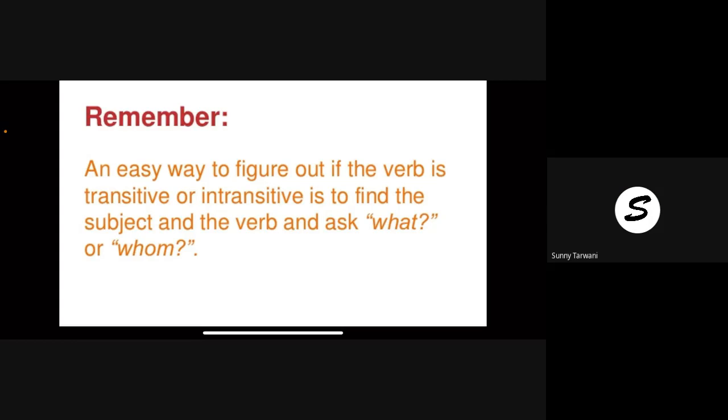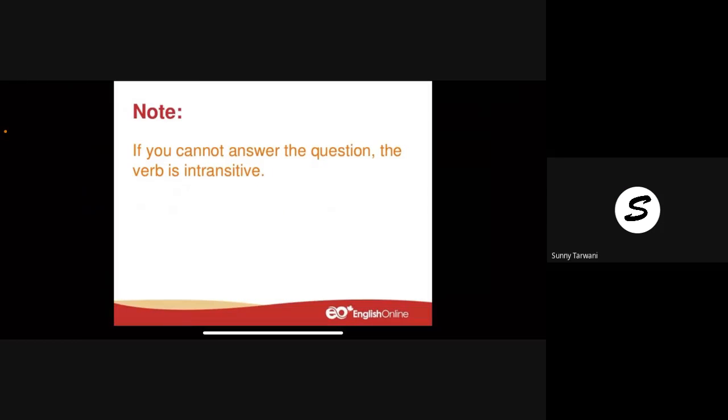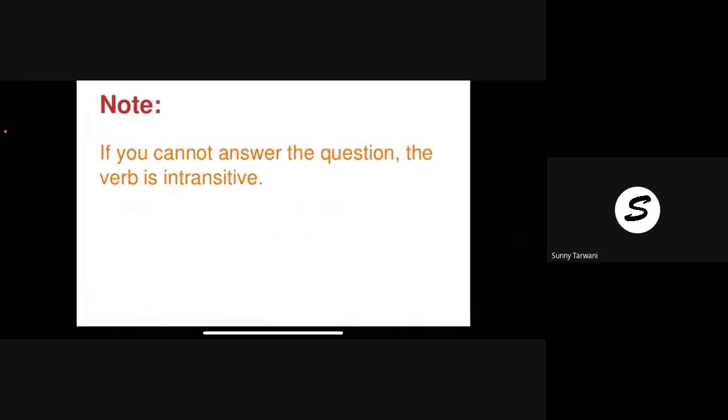If you don't get the answer for either one, then the verb is intransitive. Repeat that. Intransitive. Good. So here it is written: if you cannot get the answer for the questions what or whom, the verb is intransitive.